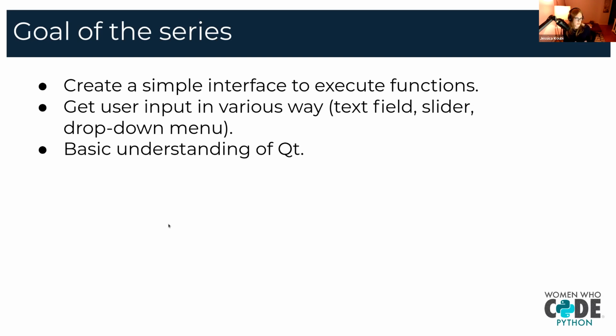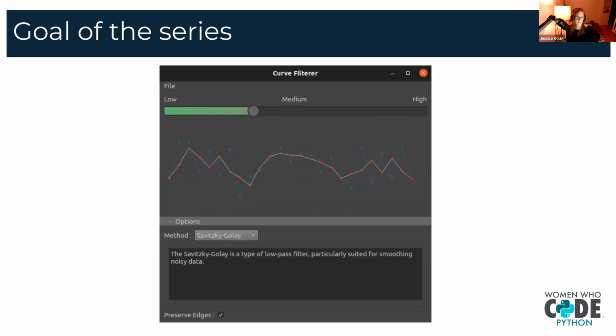We also want you, in the second session, to be able to gather some information, be it a text field or drop-down menu, etc. And in sessions 3, 4, and 5, we're going to go through the following interface. We're going to decompose this interface and see how you can use Qt to write a more complex interface, but still simple.